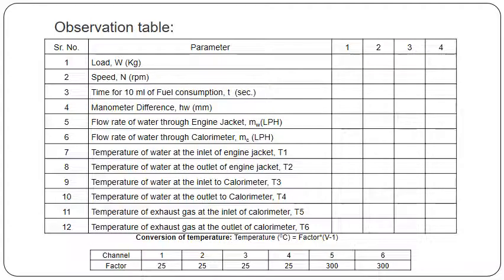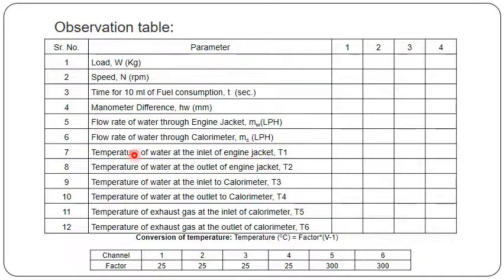Then in order to obtain fuel flow rate, we are taking the observation for the time which is required for 10 ml of fuel consumption. Then in order to obtain air flow rate, we are measuring the manometric difference of the manometric fluid which is connected across the orifice meter.